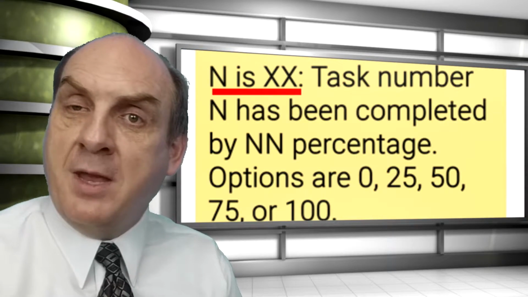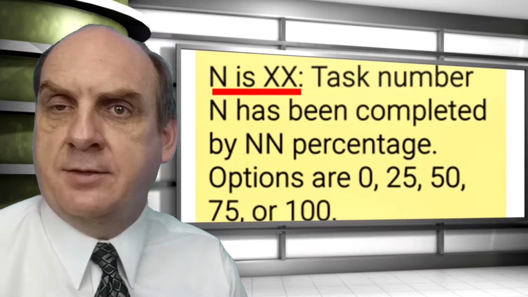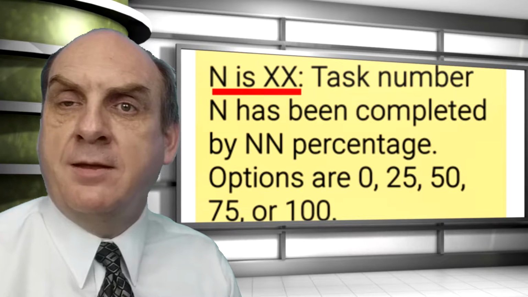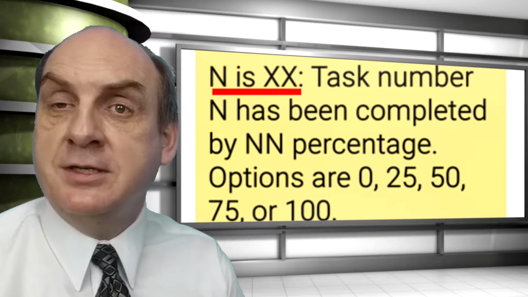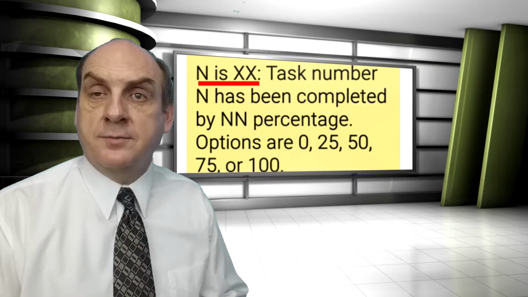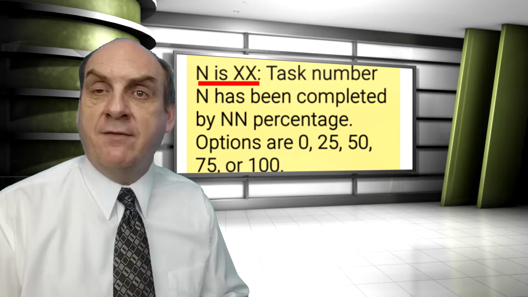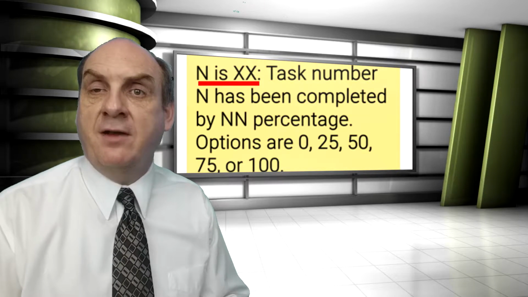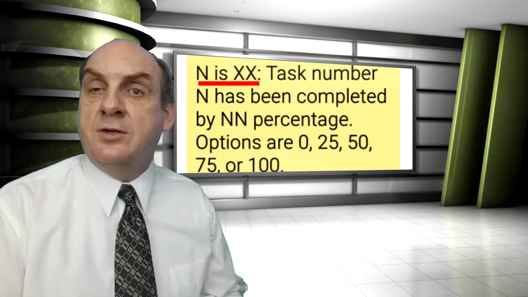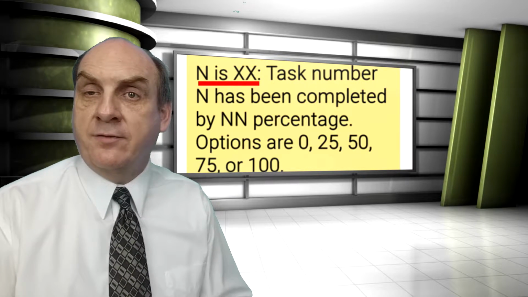Okay, now you may be in the middle of a task, and for that task you would type in a number is, and you would represent a percentage. Do not use the percentage sign, just a number to represent the percentage. So your options are 0, 25, 50, 75, or 100% if it's finished. So you could type in 2 is 25.